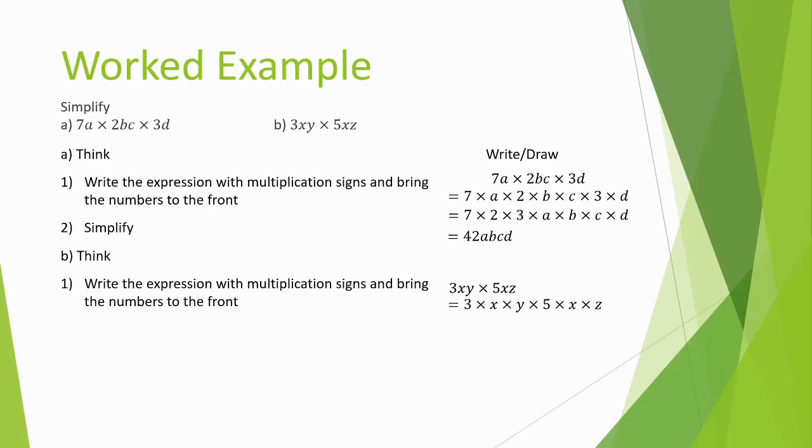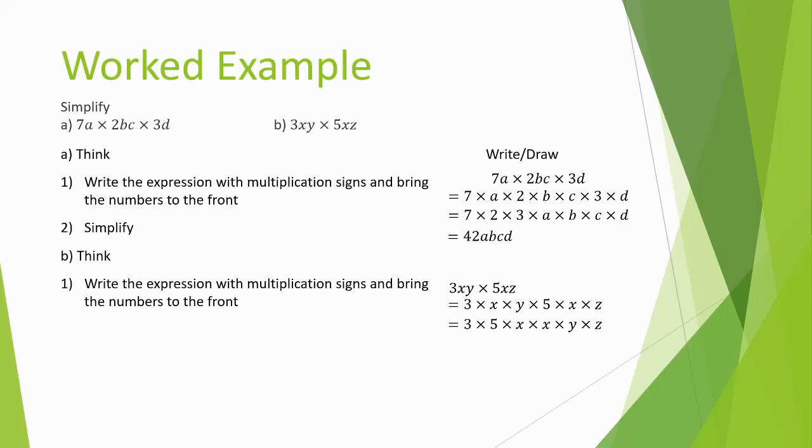So for the next one, again, I'm going to write that expression, expanding it out. So I've got 3 times x times y times 5 times x times z. And I'll rearrange it again so that I've got those numbers up the front, the 3 times 5, and then in alphabetical order, I have all the pronumerals or variables. And that's x times x times y times z.